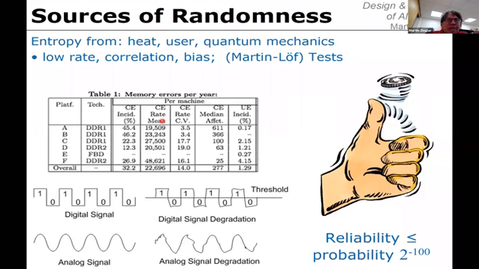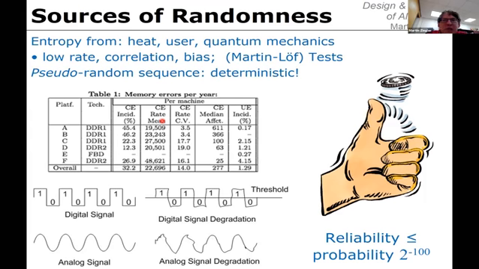Since sources of real randomness are so hard and difficult and slow, instead what people mostly use even nowadays are pseudo-random sequences. It's called pseudo-random because in the end it's deterministic.